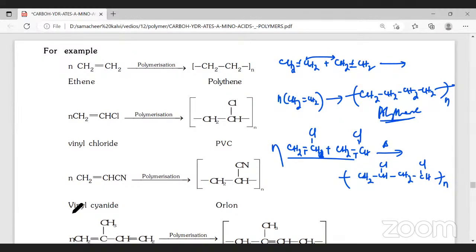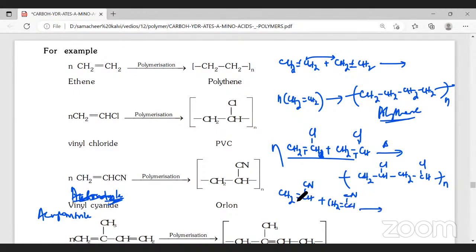Next is vinyl cyanide, not acetonitrile, this is vinyl cyanide, called acrylonitrile. So it is a similar example. It is CH2 double bond CHCN plus CH2 double bond CHCN.